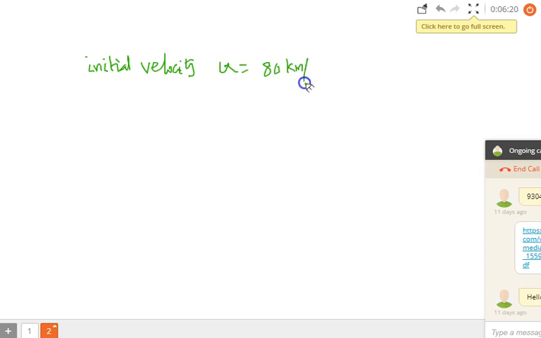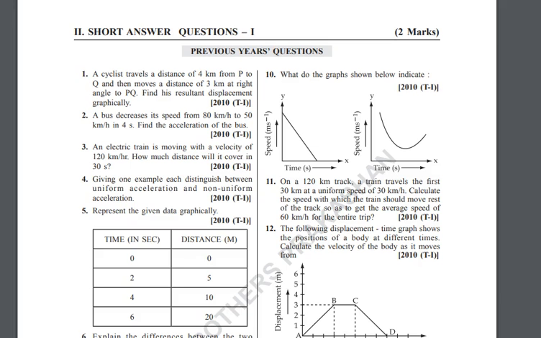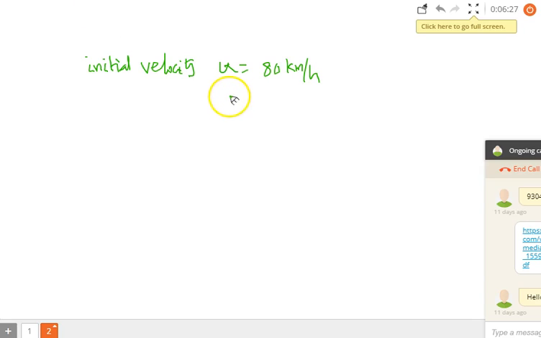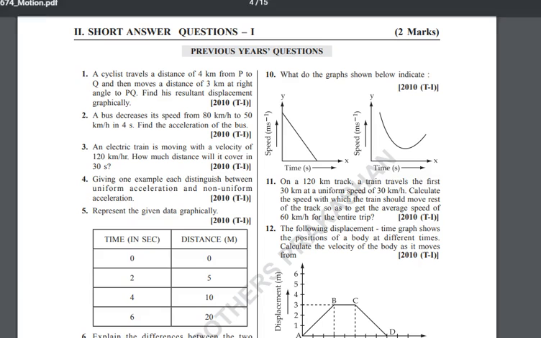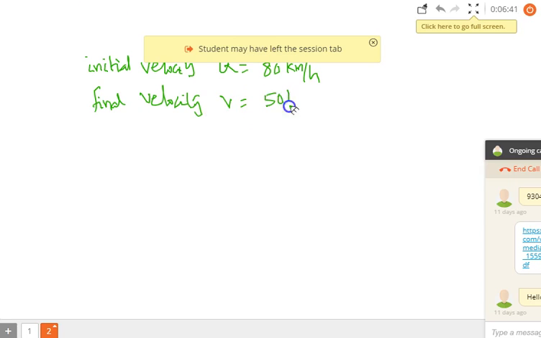And 50 kilometer per hour means final velocity v, the same format we can expect. How much? 50 kilometer per hour. In 4 seconds, time taken t is equal to 4 seconds.